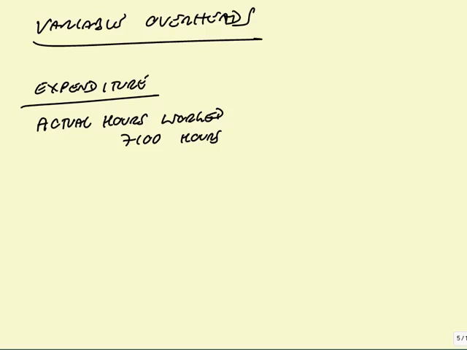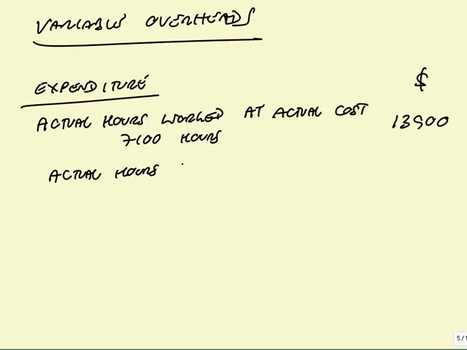Compare it with what we should have paid for those hours. Had we paid the right price per hour, the standard cost. Actual hours worked at standard cost. Well, again, we worked 7,100 hours. From the cost card, the overhead should have been $2 per hour.